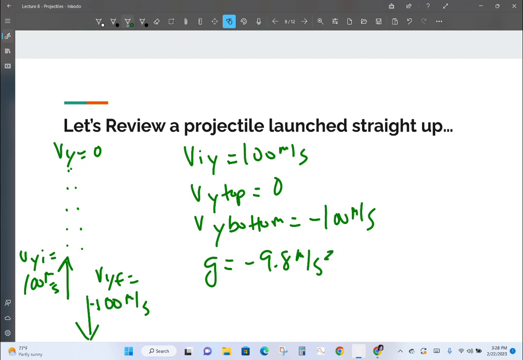So that doesn't change when we deal with something that has been launched at an angle. It still behaves that way in the y direction, and we still have our kinematics equations that we can use with this information. The only difference is that it is not just going straight up at 100 meters per second, it is also moving forward.